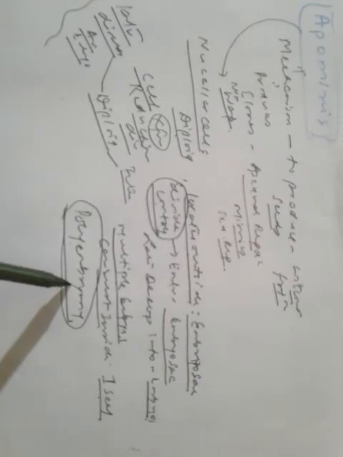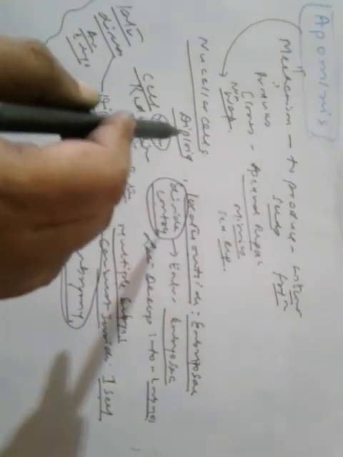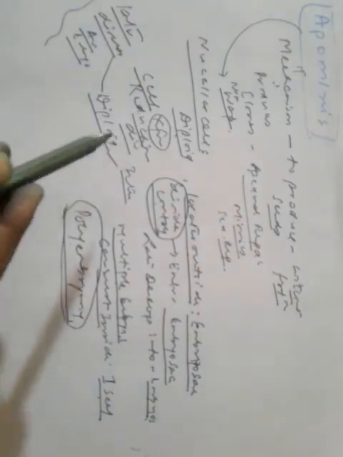So sometimes it so happens that the egg cell is not formed as a result of reduction division, hence it is diploid. This diploid egg cell directly develops into an embryo.